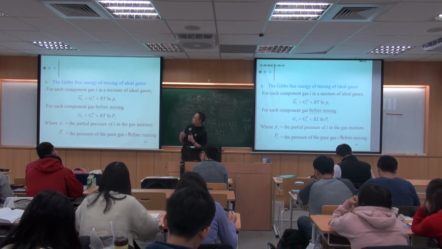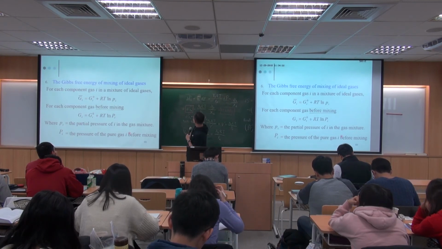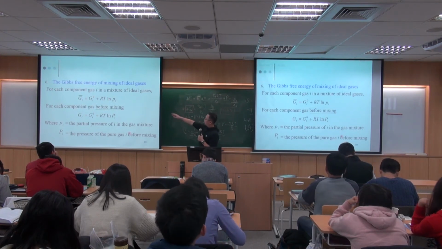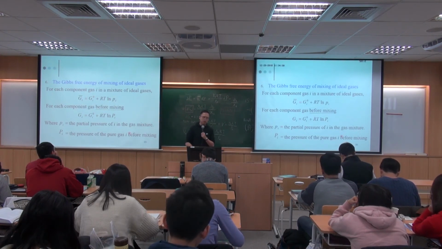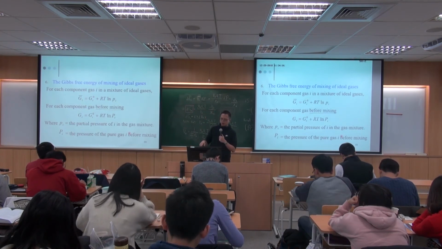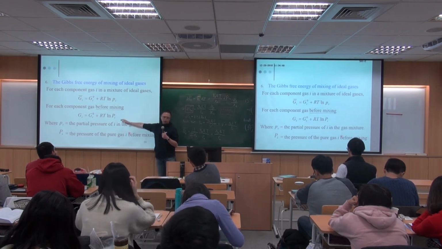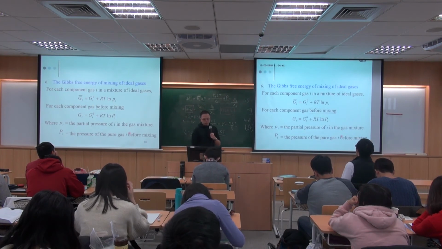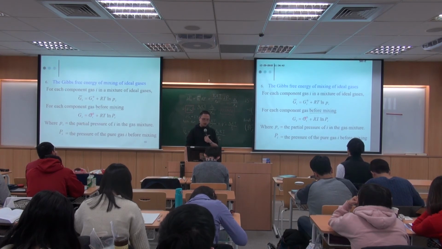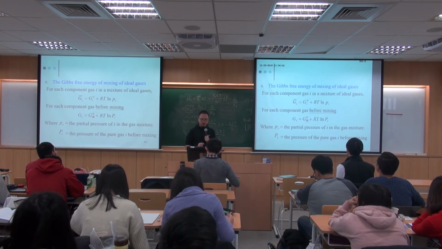And for the Gibbs free energy of mixing of ideal gases, like we wrote down earlier, dGi is RT d log Pi. Therefore, Gi bar is Gi0 plus RT log Pi. For each component of gas before the mixing, we know that the pressure is capital P, and Gi0 is the same because that's the standard Gibbs free energy when only that species is there.